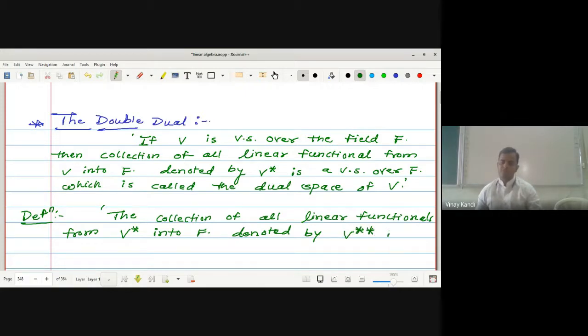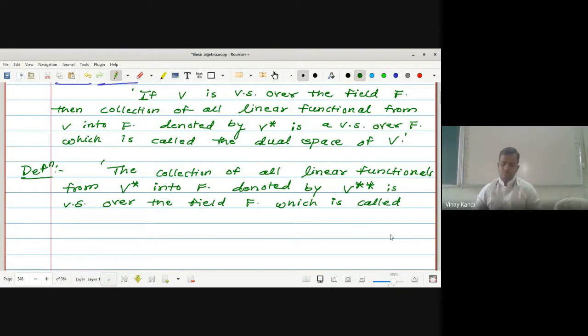Okay, it again forms a vector space over the same field capital F, and which is called the double dual of capital V.